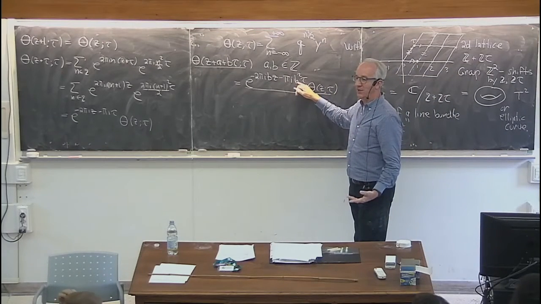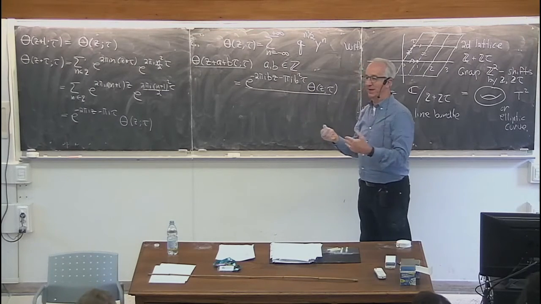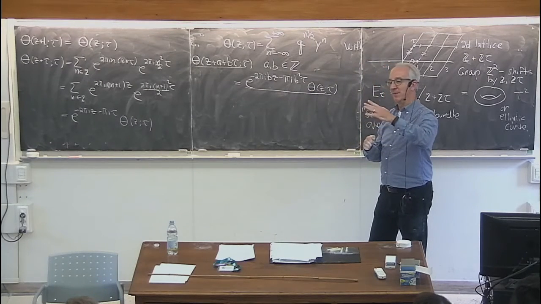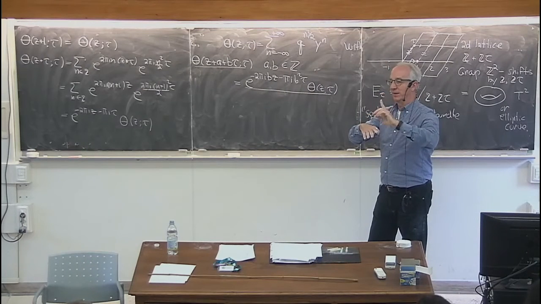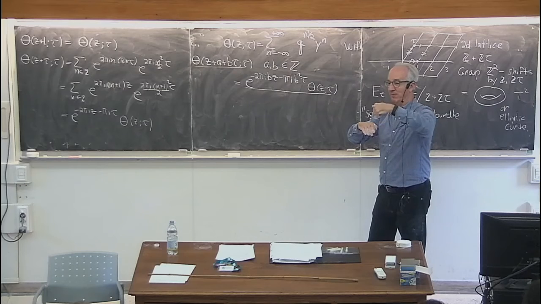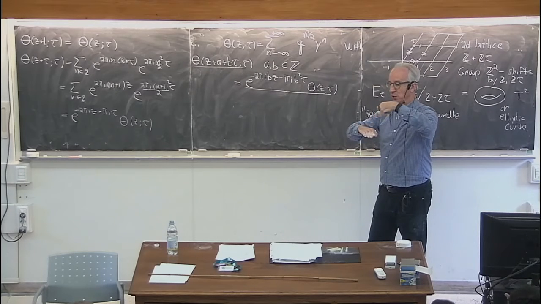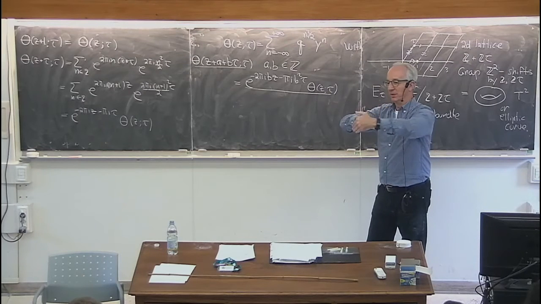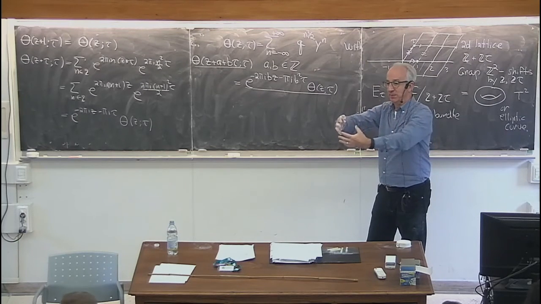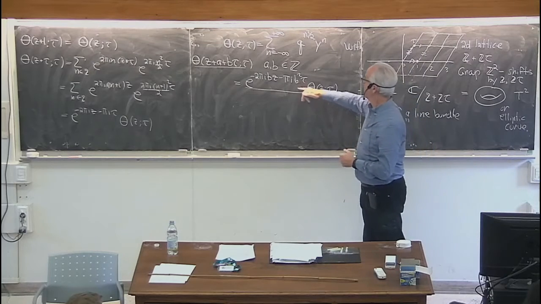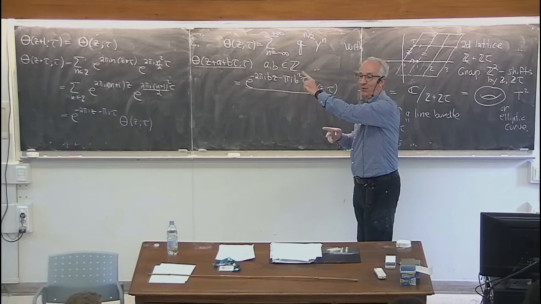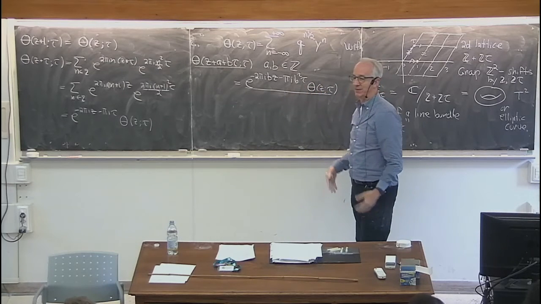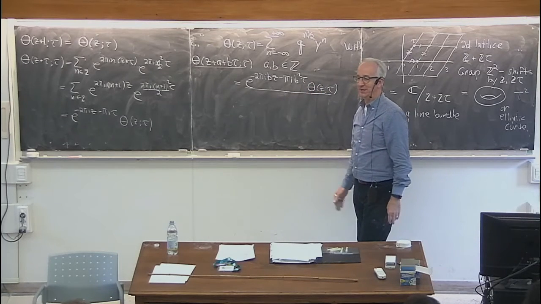So a function that comes back up to a phase you can think of as defining a line bundle, which means you have your space, and at every point in the space you've got a phase, a complex number of magnitude 1, and you have to patch things together with transition functions as you go from one region of the space to the other region of the space. So this rule tells you how to patch together the theta function as you go in the tau direction. So that makes it a section of a line bundle, even though I don't want to define exactly what that is right now.